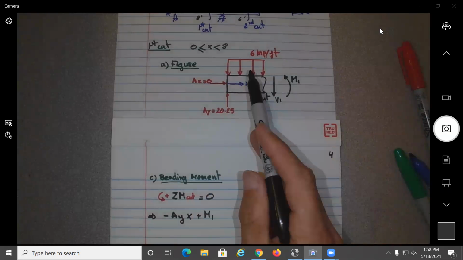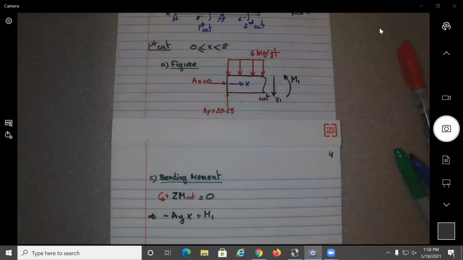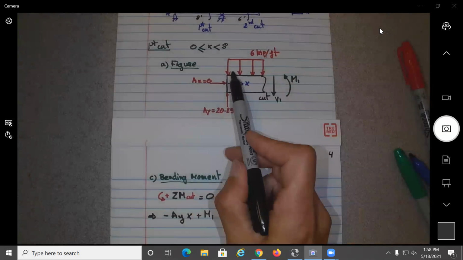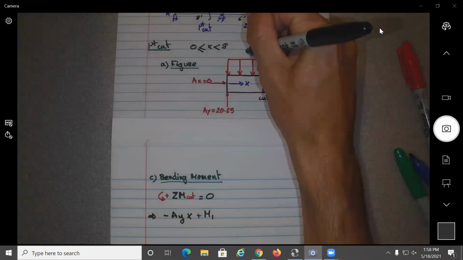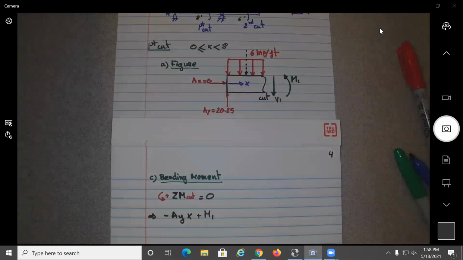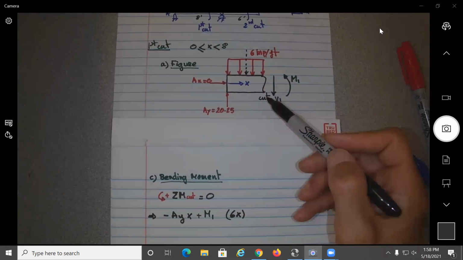Now we need to see what would be the moment created by the force CX, no? So we could replace this force by one in the middle, no? What would be the value of that force in the middle? So 6x will be the value of the force. With that one, create a positive or negative moment? Would the moment about the cut be clockwise or counterclockwise?